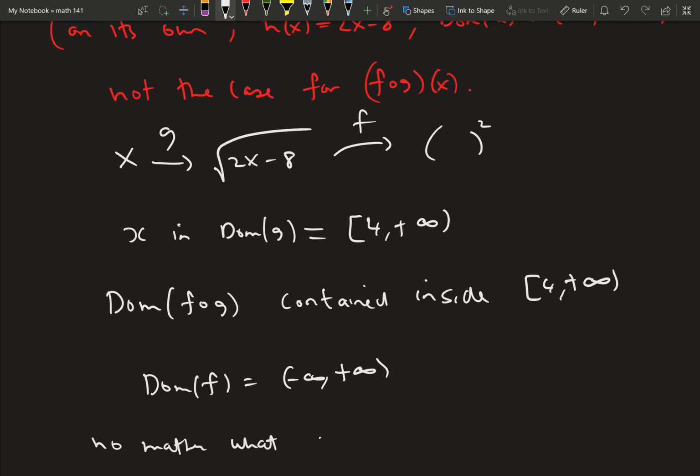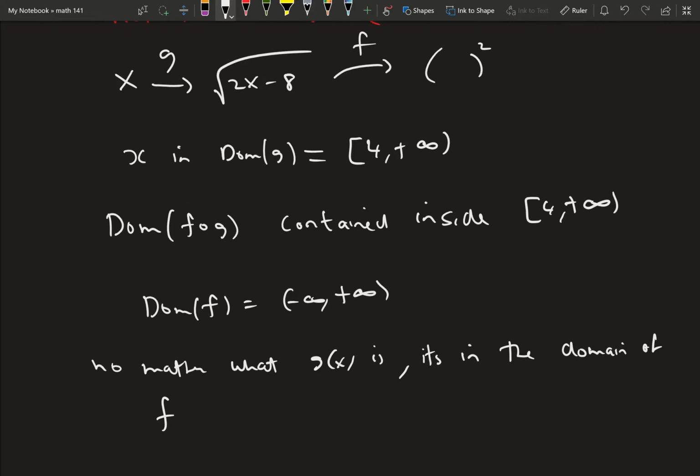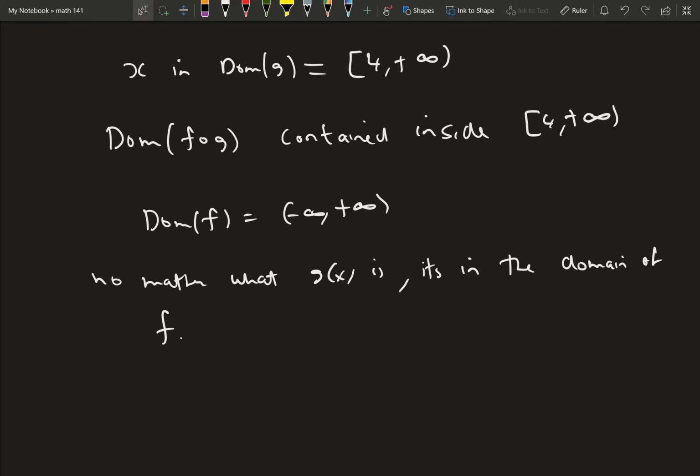Because it's going to be a real number, it's in the domain of f. So hence, no additional conditions come from the second part.